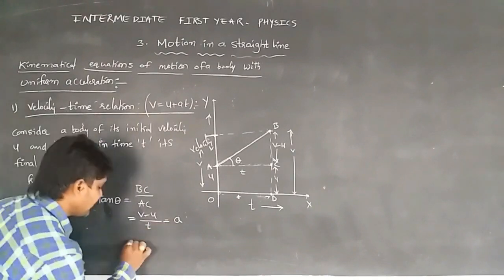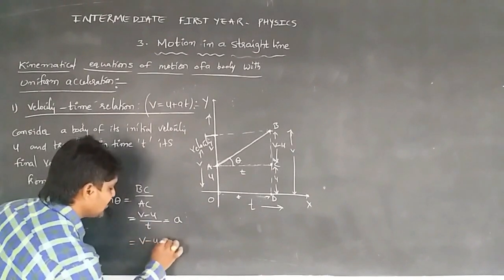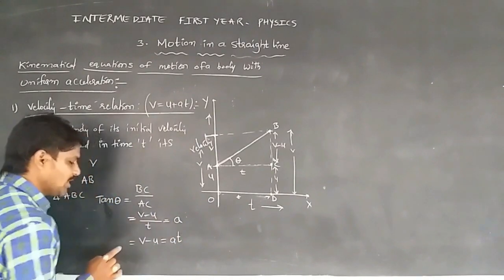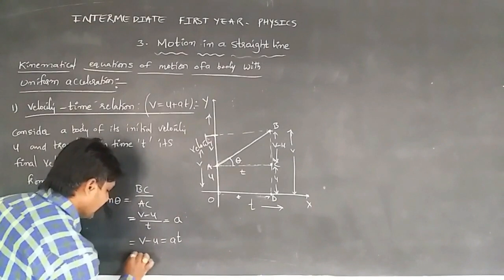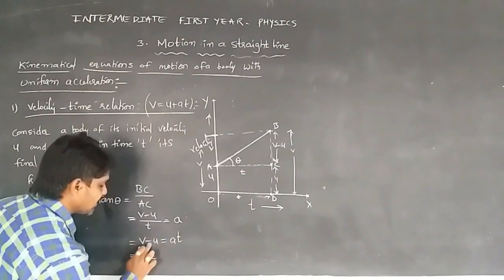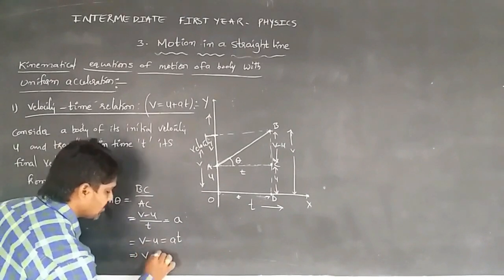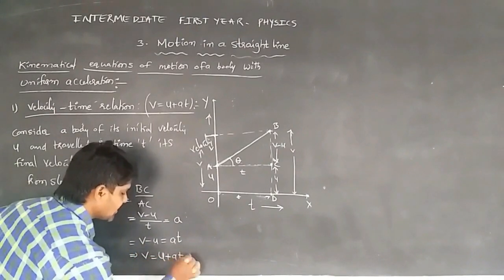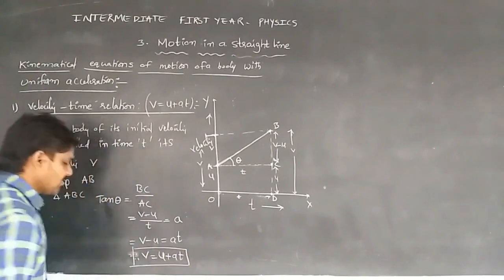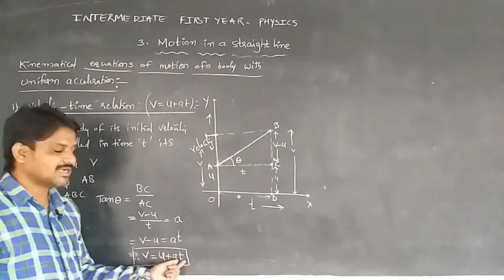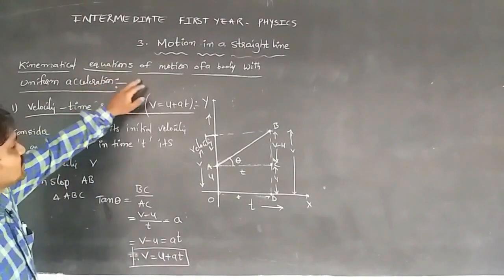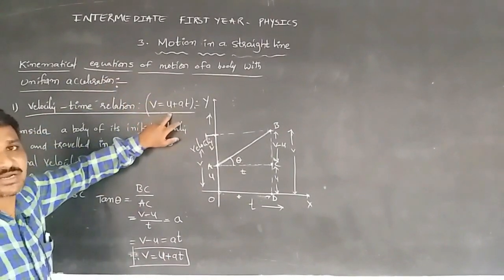From this relation we can write v minus u is equal to at. Then when u is taken to this side, minus u becomes plus u. So v is equal to u plus at. This is the velocity-time relation, the first kinematical equation of motion.